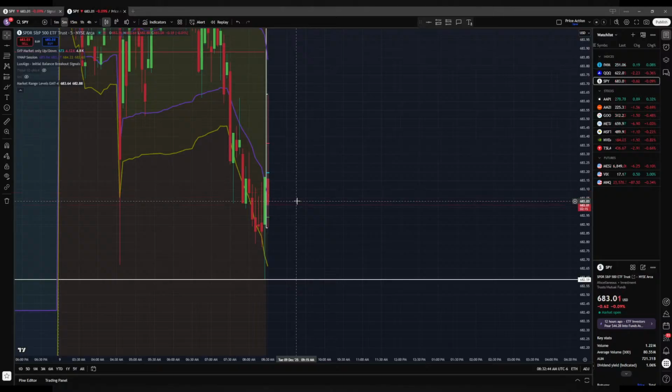Basically think of it as a ceiling and a floor. The VAH as a ceiling, the VAL as a floor, and the POC as where buyers and sellers have agreed that price is the most fair for the day so far. Now remember, these levels move throughout the day.